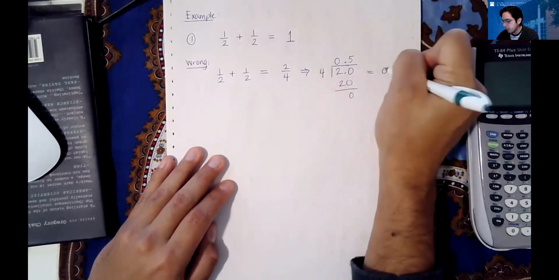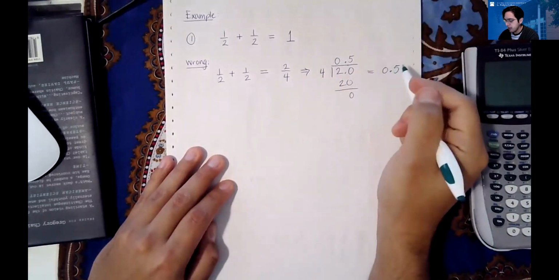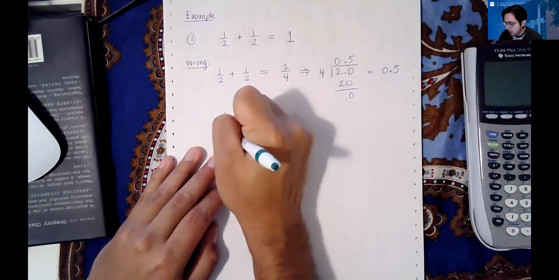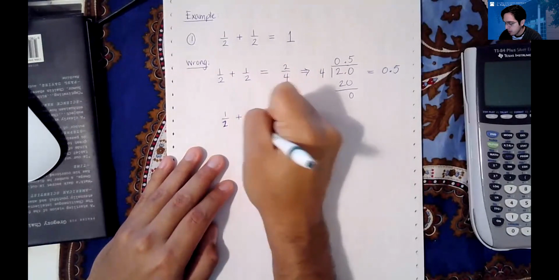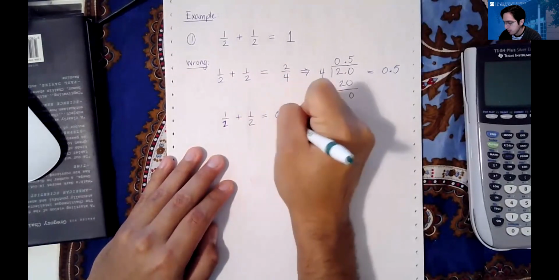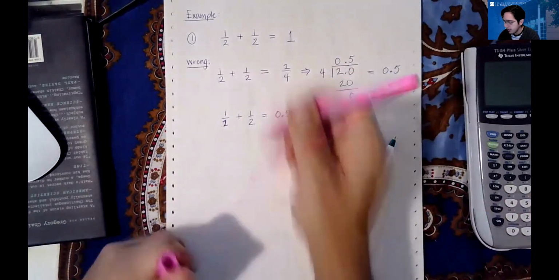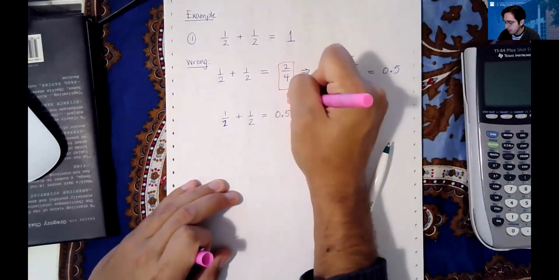So we get 0.5. So what you're telling me is that if we were to do this, 1/2 plus 1/2 is equal to 0.5, since that is an equivalent decimal representation. This is equal to this.